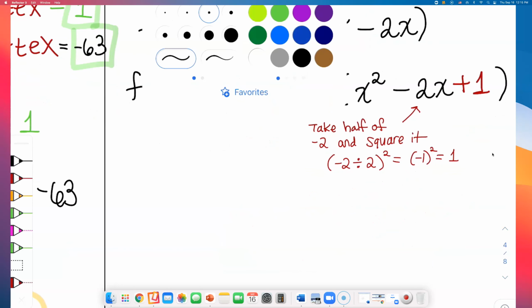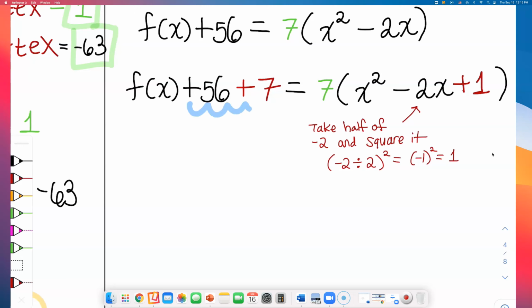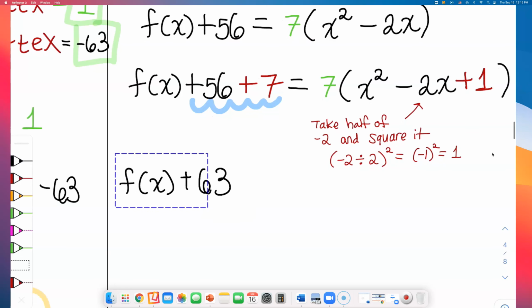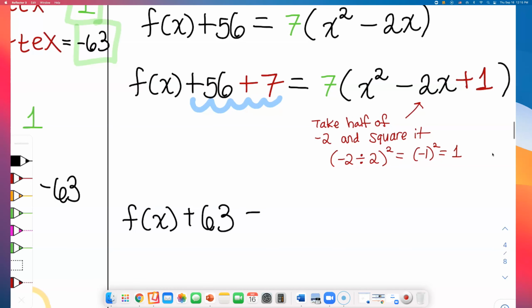So if you combine the numbers on the left side, 56 plus 7, 63. Plus 63, right? And what we have to do is factor the right-hand side. Put the 7 outside. But this trinomial right here is a perfect square trinomial.